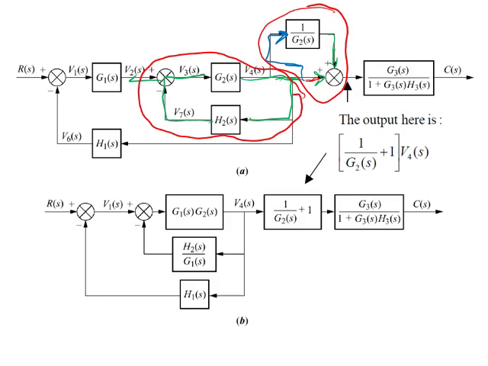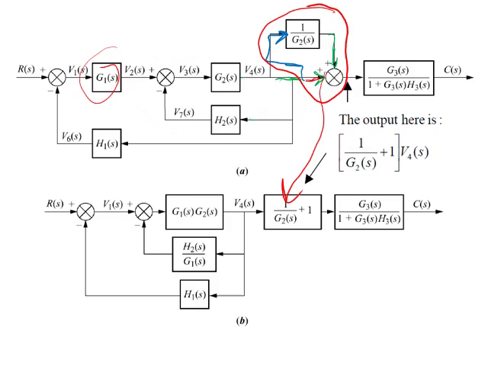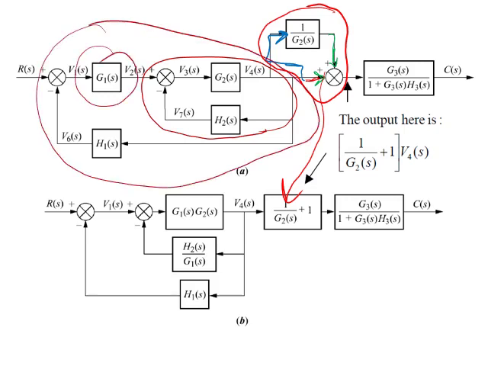What he did here, look, he took this one and put it here, it's fine, but he didn't do the feedback yet. What he did, he took this one in. It was at the output here, because as I told you, to reduce the number of steps, sometimes we do the feedback, but you have the choice. You can do it as this one first, the result cascaded with this one, the result fed back with this one.